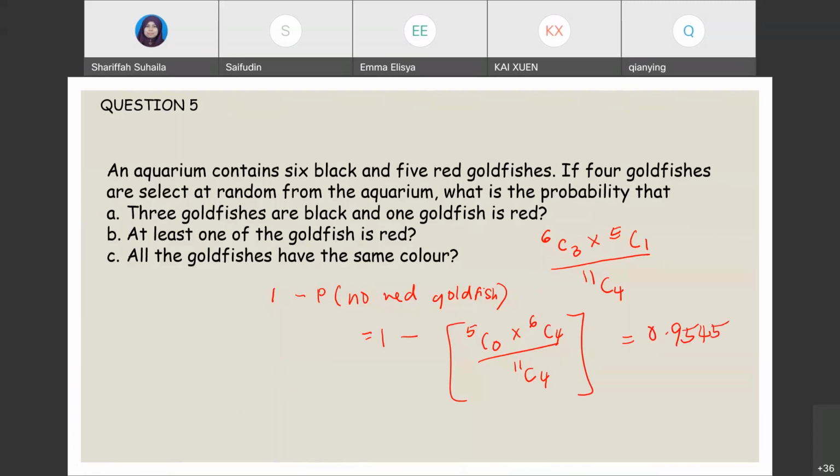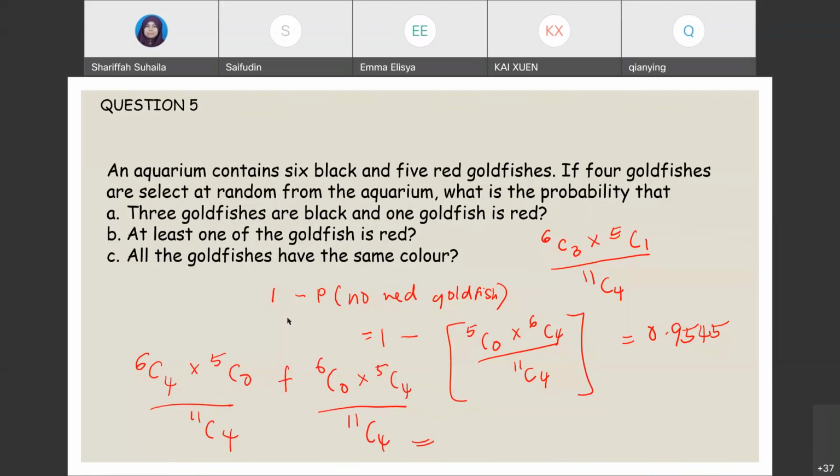So maksudnya di sini kita ada, it can be either all are black, so 6 blacks, and the balance 5 choose 0, so divide by apa? 11 choose 4, or 6 choose 0, 5 choose all 4. So this one will give you the answer 0.0606. Okay? Okay. Next one.